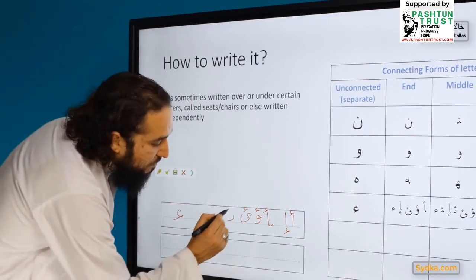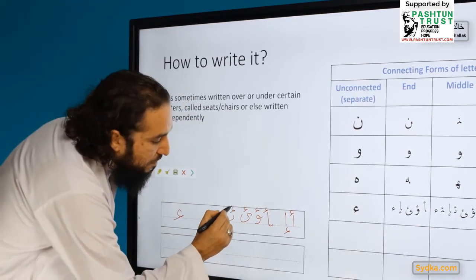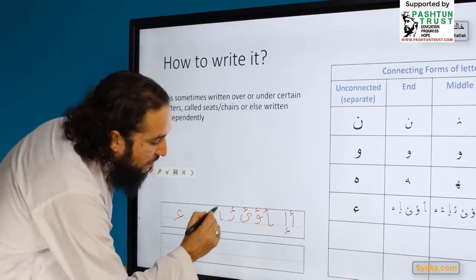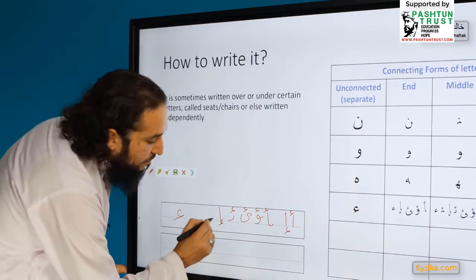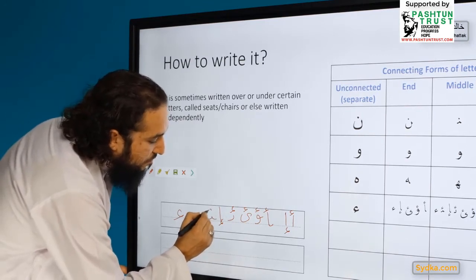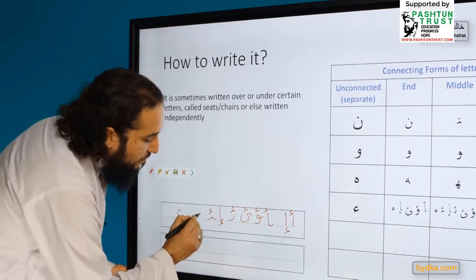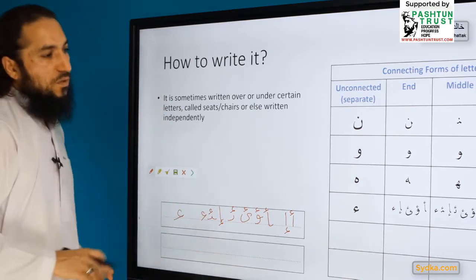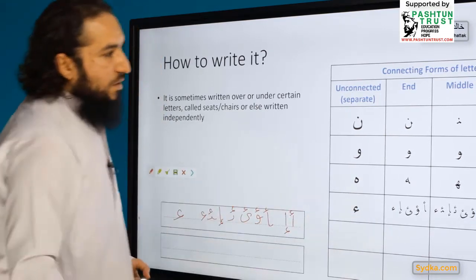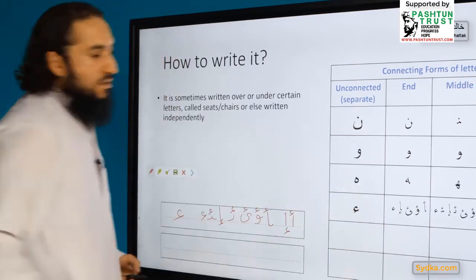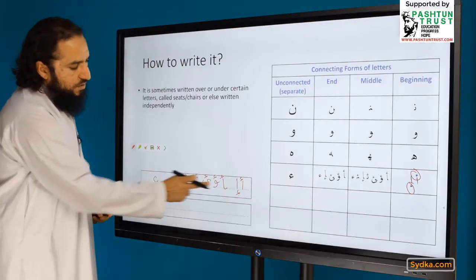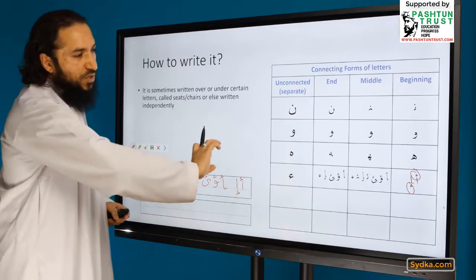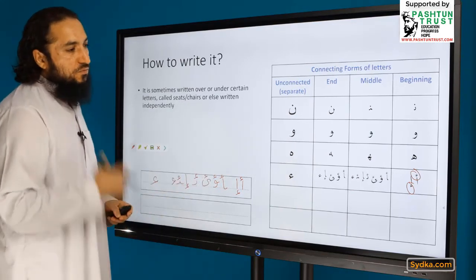Similarly, this one, and below it, and sometimes you can write it like that. So the middle and the end forms are the same. You will see all these in real text. That's why I put all the examples there, so you are aware of them.